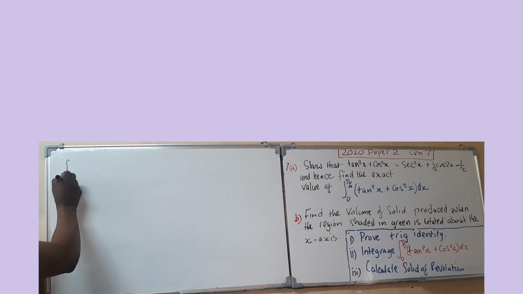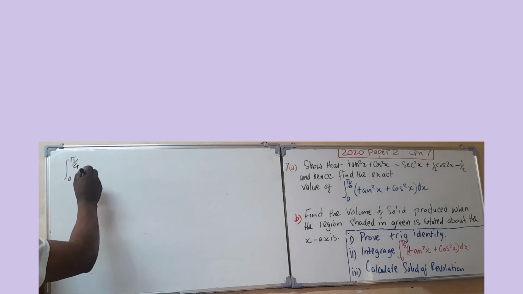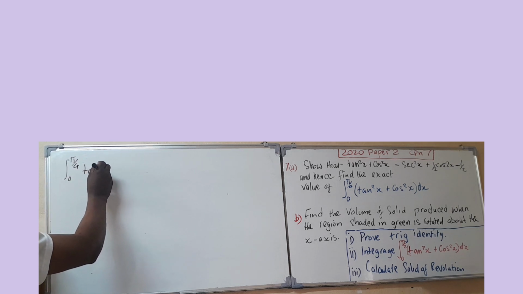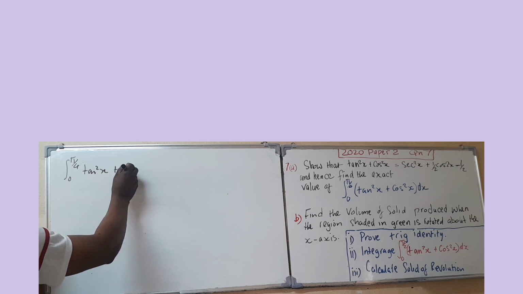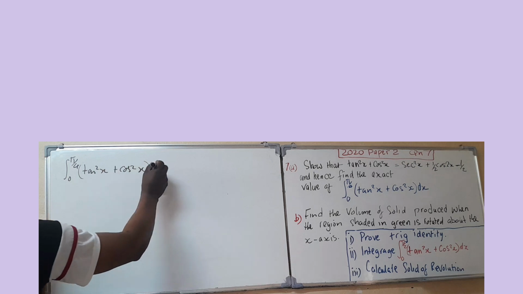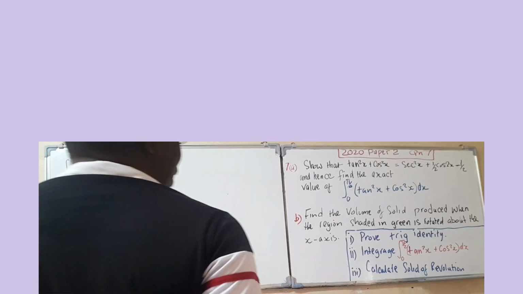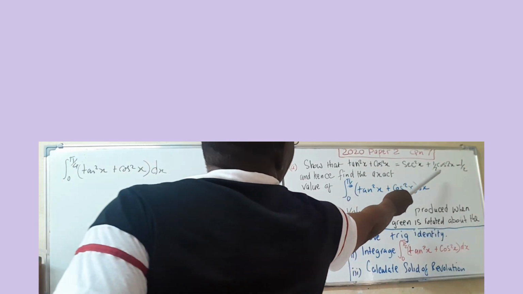So it says integrate from 0 up to pi over 4 of tan squared x plus cos squared x with respect to x. But we have just proven here that this is equal to that.